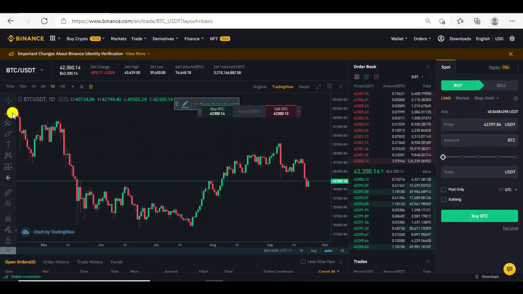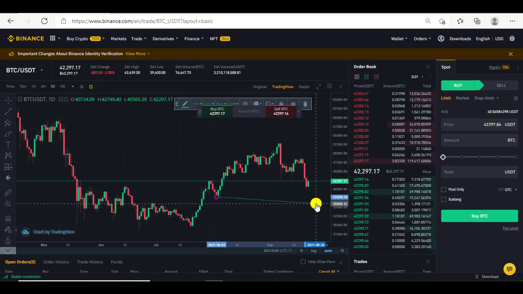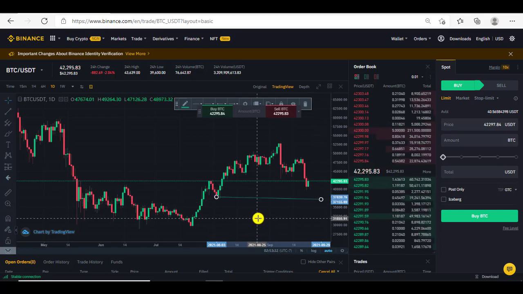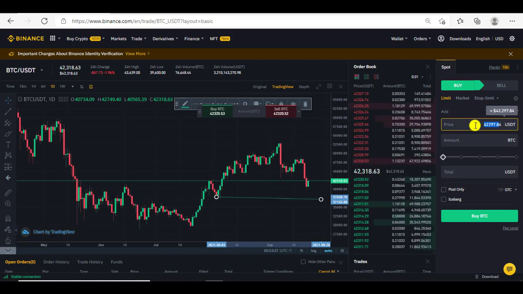Okay, let's see it in practice. Consider that you have analyzed the chart and you think that 37,000 is a significant support level, for example, and you think that the price will fall to this level. And this price is a good opportunity to buy Bitcoin. So you can place a limit order so your buy order will be executed at your limit price or a better price.